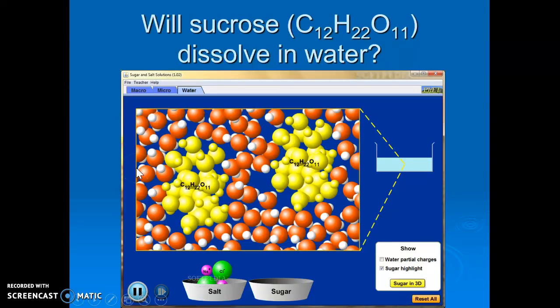Now there is a difference in what happens with sucrose, so polar covalent compounds, as compared to ionic solids. Sucrose and other polar covalent compounds will dissolve in water, but they're not made up of oppositely charged ions. So we don't see the compound separate into its individual components. Instead, the entire molecule, so you see here, gets surrounded by water.